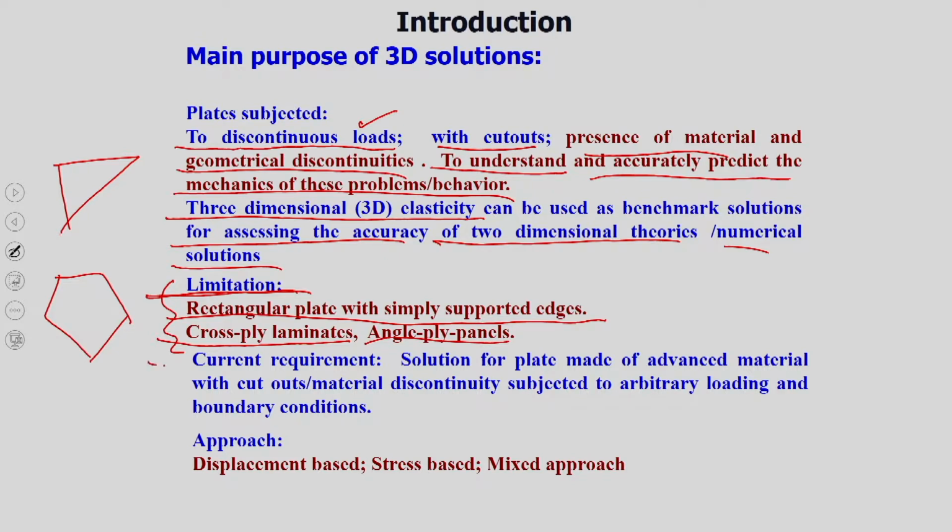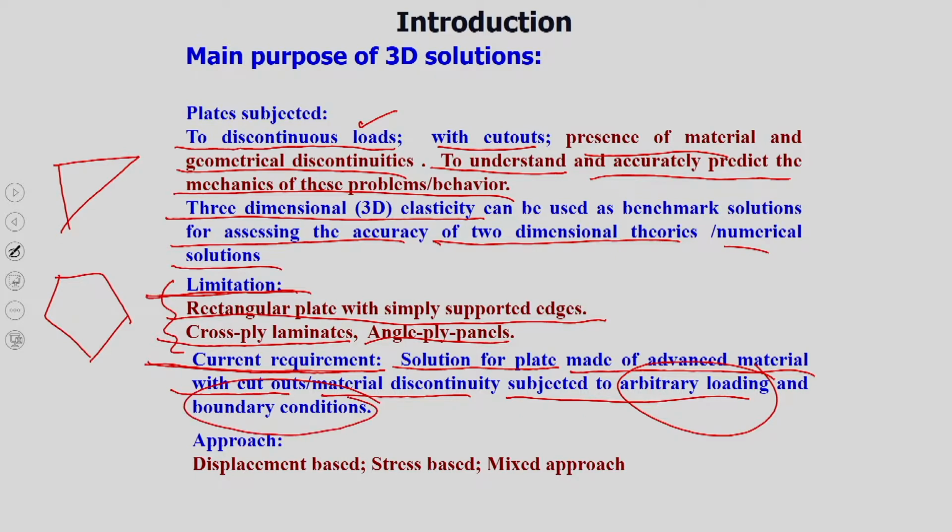So, the current status of research is that solutions are needed for plates made of advanced material with cutouts and material discontinuity, subjected to arbitrary loading and arbitrary boundary conditions.